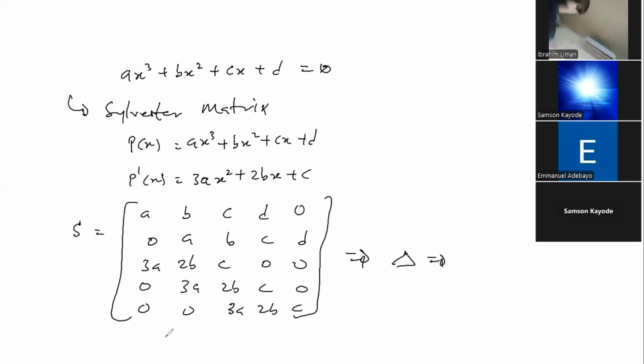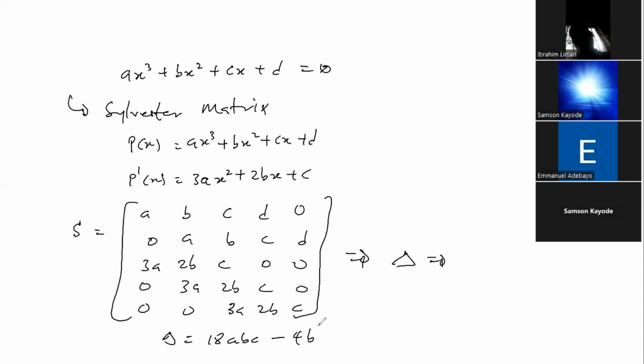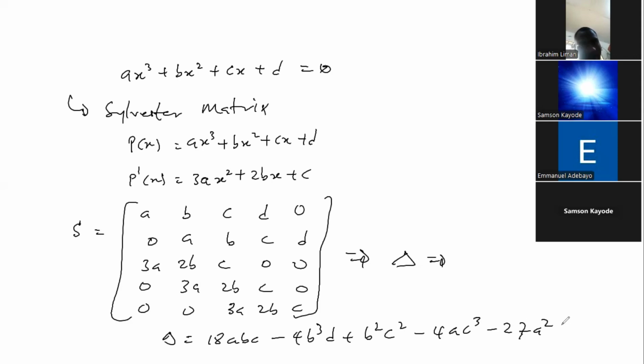And now we see that the discriminant of this will be the same as 18abcd minus 4b cubed d plus b squared c squared minus 4ac cubed minus 27a squared d squared. This becomes the discriminant, okay? Well, there are other methods in the literature that you could look up to address this, okay?